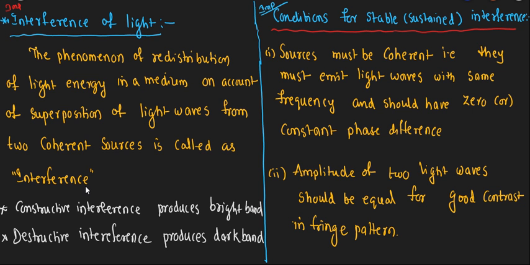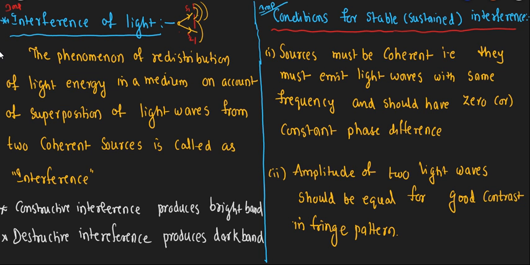Why is light energy redistributed when two light waves are superposed with each other? For example, you take this as two slits. Okay, S1 and S2 are the openings, and the light starts from here. For example, the light starts from here, and these S1 and S2 are the openings, and from them the light again starts in the form of spherical wavefronts.